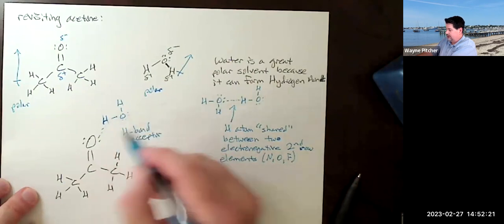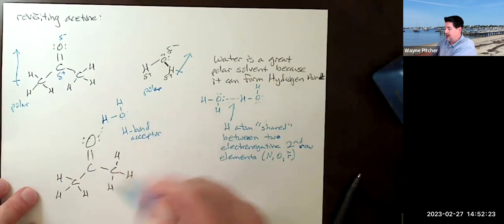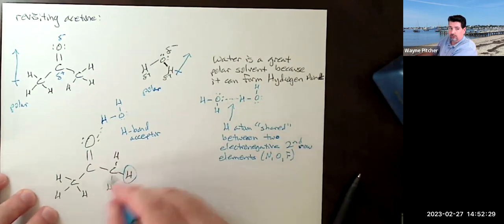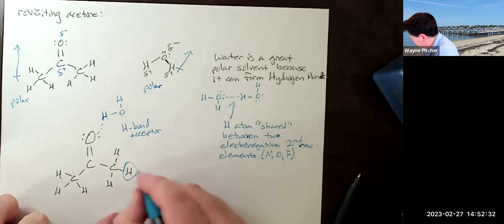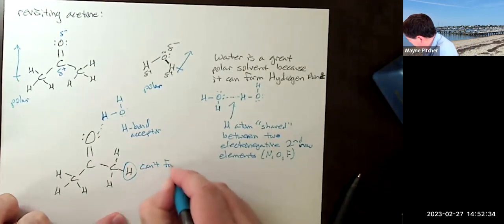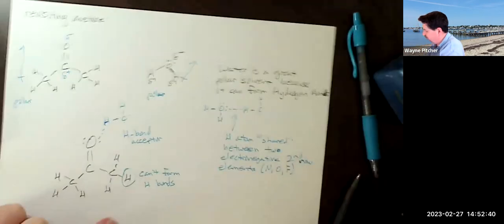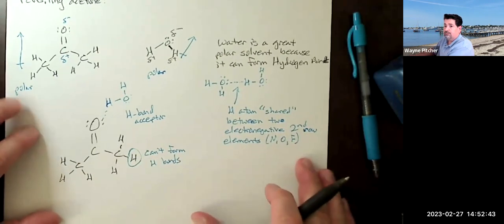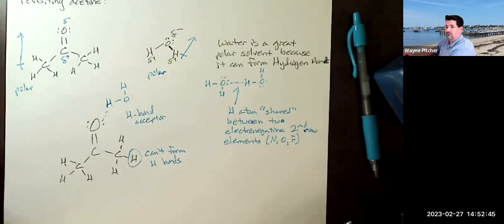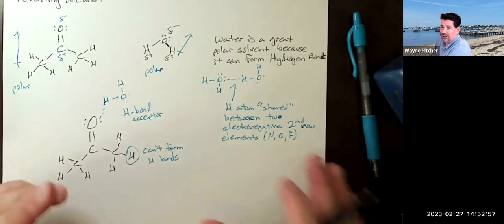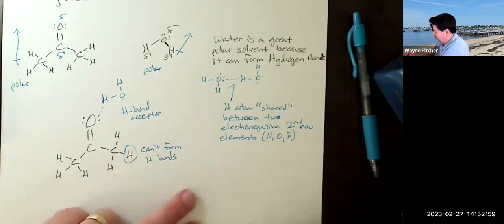It can be donated and be accepted by the oxygen in acetone. However, these hydrogens attached to the carbons cannot form hydrogen bonds. And so even though acetone is polar, it doesn't do as good a job of dissolving polar things that have hydrogens available for hydrogen bonding. So we say it's not as good a polar solvent as water is.